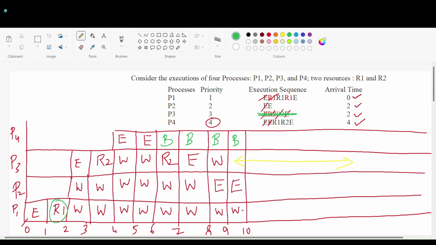Okay, so P2 has also finished its execution. Now there are just two processes in the system, sorry, P1 and P4. P4 has high priority, but P4 is still blocked because R1 is not free, right?